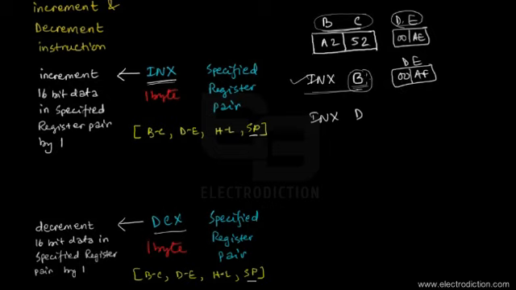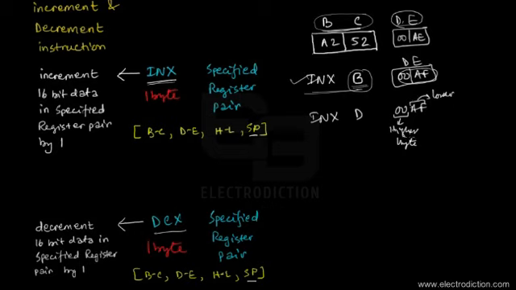You should also realize that whenever we're working with 16-bit data, let's take for example 00AF, the first two digits represent the higher byte and the last two represent the lower byte.